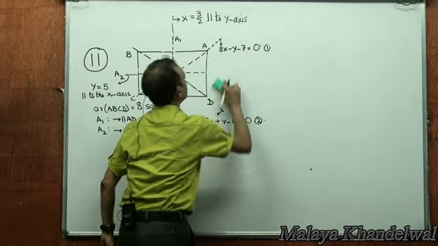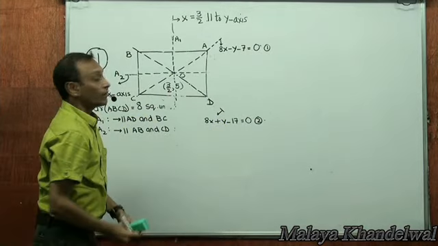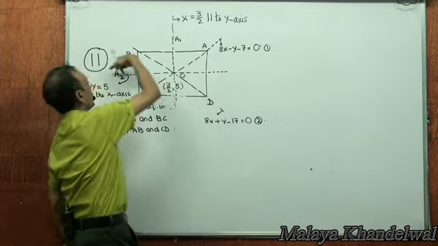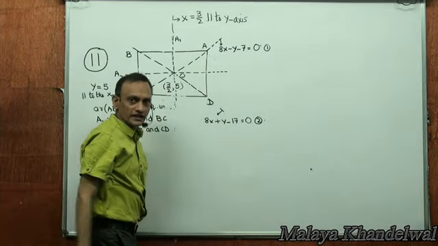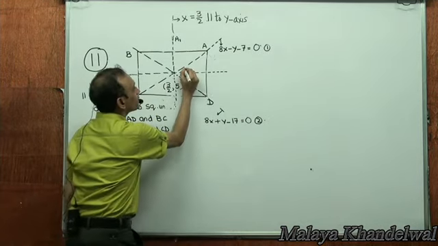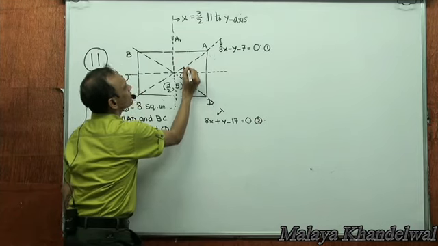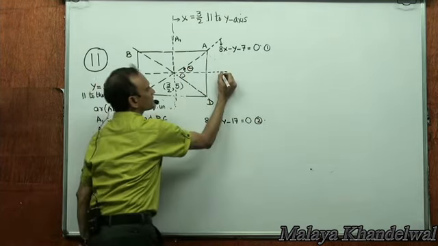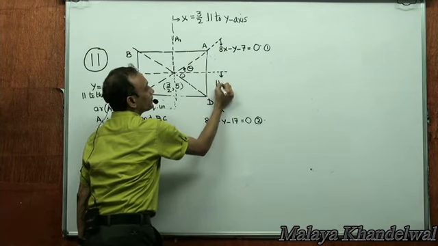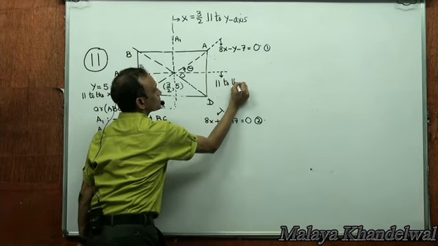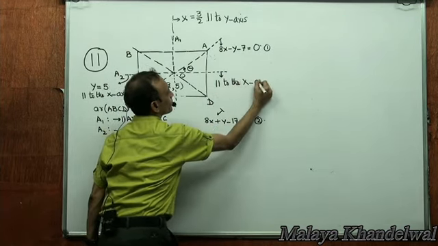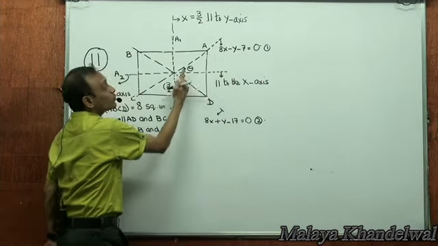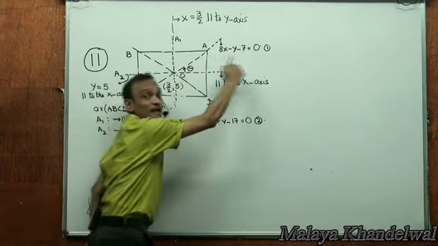After having obtained the angle bisectors, this is y equal to 5, a line parallel to the x-axis. Then this diagonal makes an angle theta with a line parallel to the x-axis.